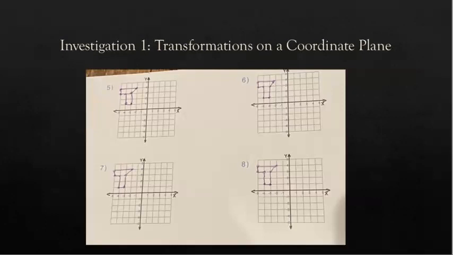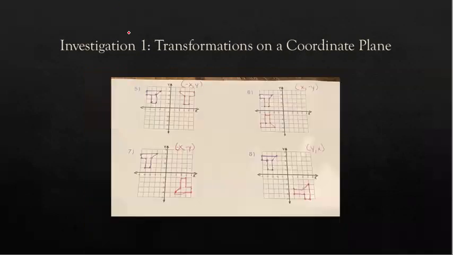So here I have 4 coordinate grids, and I have made this T shape in the second quadrant of all of the grids. So it's in the exact same spot in all 4 of these. Now I'm going to apply my transformations. In the first one, I applied (-x, y). So all of my x points became the negative x point and the y stayed the same. Here I started at negative 2, and it became a positive 2.